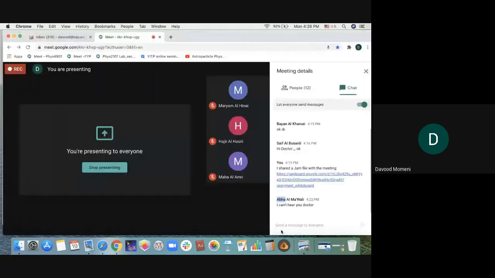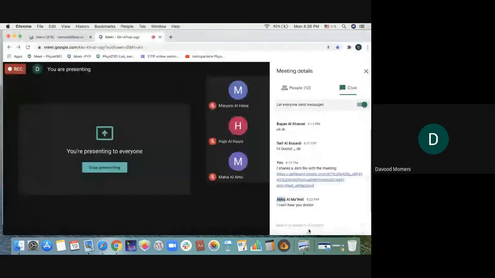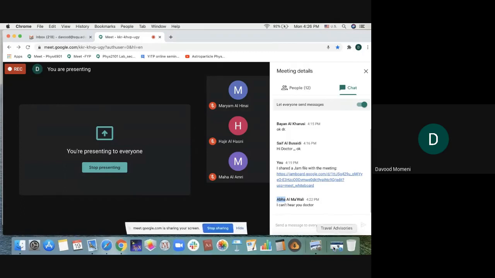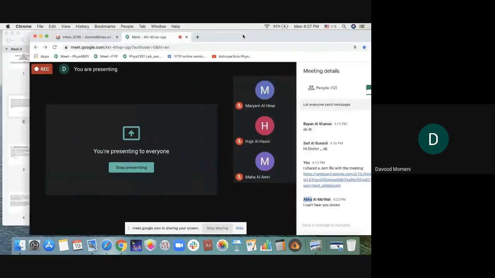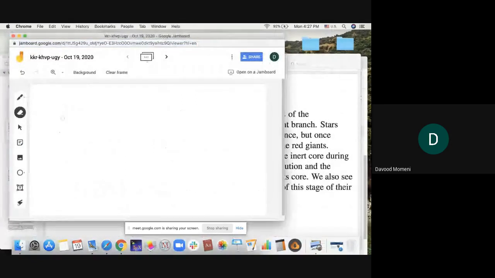So I can raise the question: when will the star turn to a red giant? If the star wants to turn to a red giant, this is about the hydrogen.